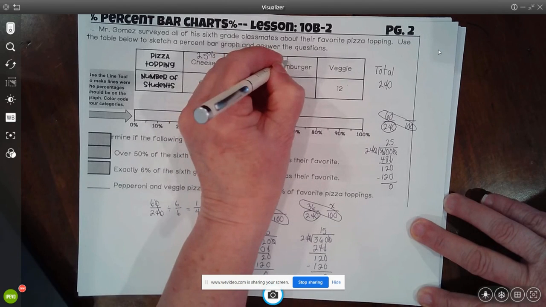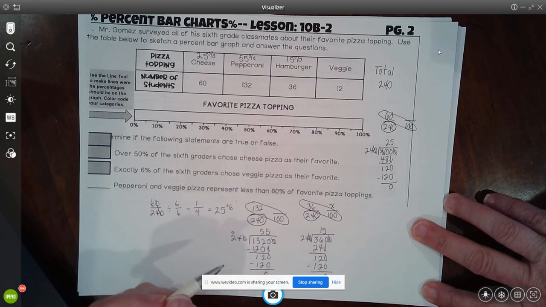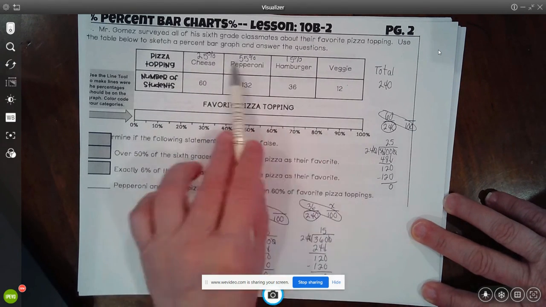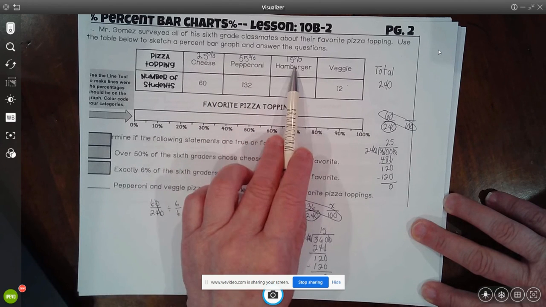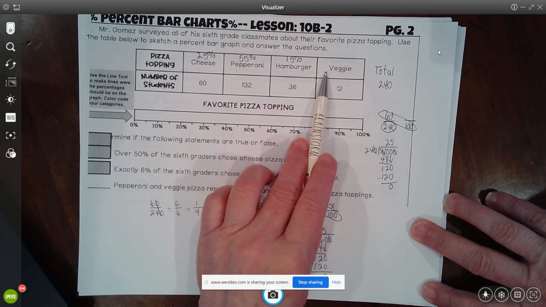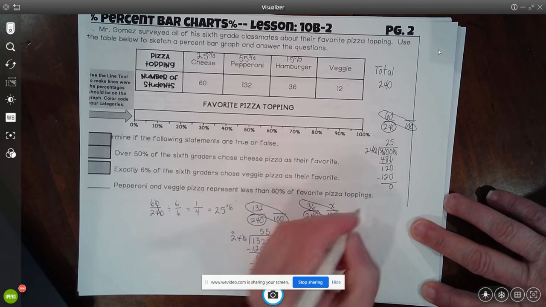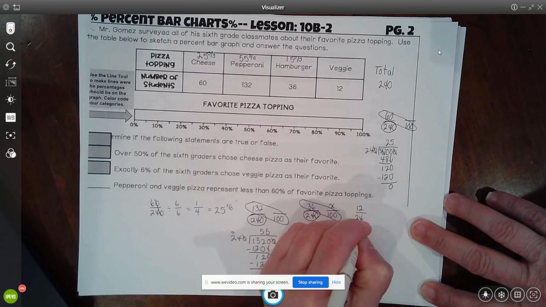I'm going to go back and write it here. And then veggie, I can solve that one too. But remember, this has to total 100. I can tell by looking at that this is going to be 95%. This probably will be 5%, but I'm going to go ahead and test it to see. I've got 12 over 240 total.